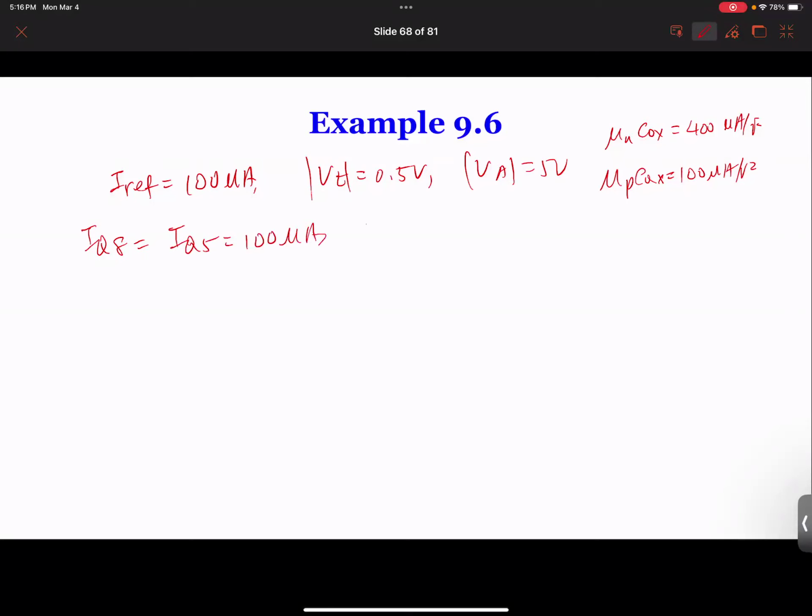But IQ1 and IQ2 is going to be 1/2 IQ5. It's going to be 50 microamps, which is also equal to IQ3 and IQ4.